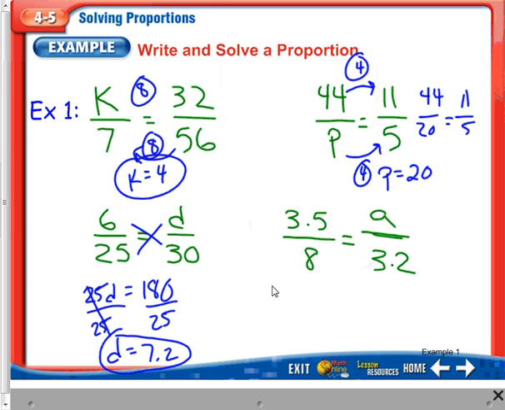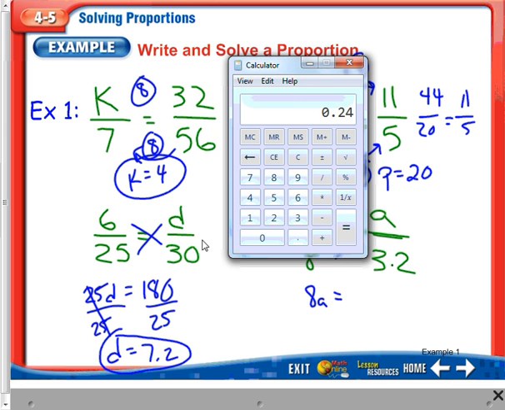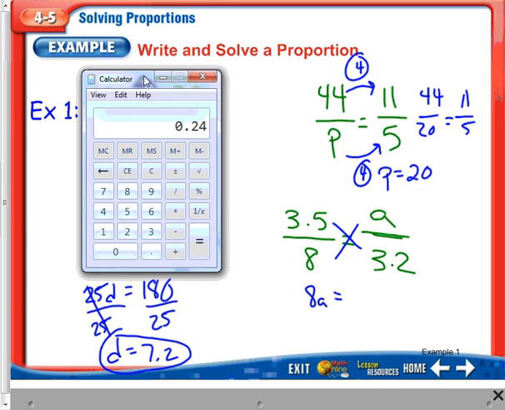So again, here getting from 8 to 3.2 is going to be pretty tricky for us to do in our heads like we were doing with the top. So here we're going to want to cross multiply. So we're going to get 8 times A equals, and I know I'm going to have two numbers to the right of my decimal point here. So I'm going to get 3.5 times 3.2, and that's going to be 11.2 or 11.20 really.